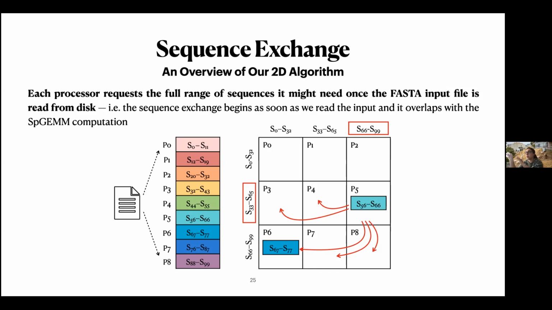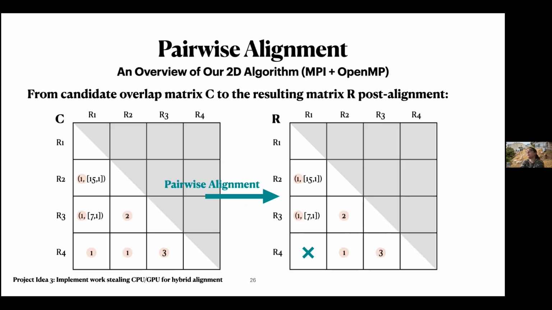And this is nice because the communication of the sequences potentially overlaps with the k-mer counting and overlap detection, so the sparse matrix operations. So when we arrive at the end of the sparse matrix multiplication, we mostly already have all the sequences on the processor, and the wait time to finish the communication is usually relatively small.